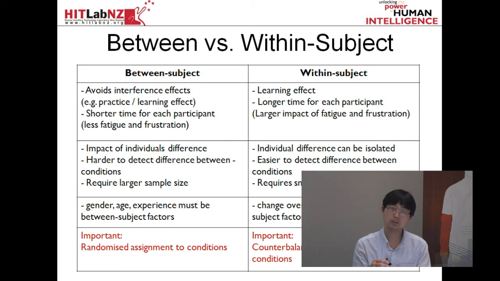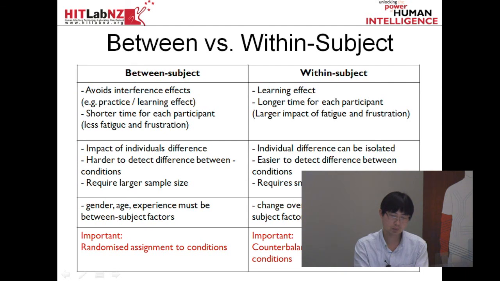For instance, participant A could be quite good at doing the test, while participant B could be quite bad at doing the same task. So there could be some difference between the participants as well. By letting each of the participants do all of the tests, you can compare the values within that participant between the conditions. So you can isolate out the differences between the individuals when you do the within subject design.